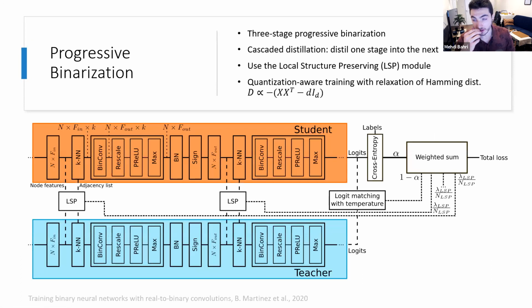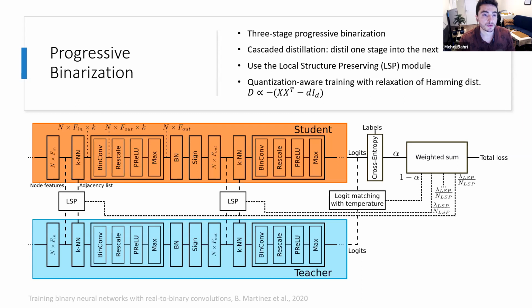So for training, we use a 3-stage progressive distillation strategy, which is inspired by some recent state-of-the-art paper on binarization for image GNNs. It's a cascaded distillation scheme that I will be describing very shortly. We also use recent advances on knowledge distillation for graph neural networks, in this case, the local structure preserving module.